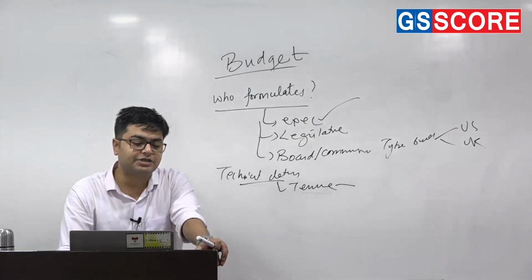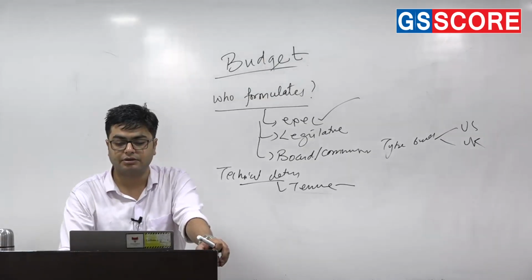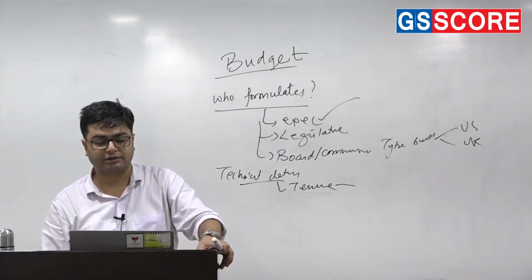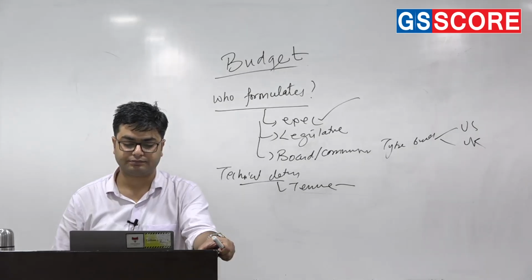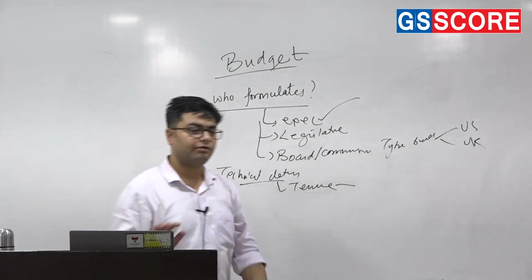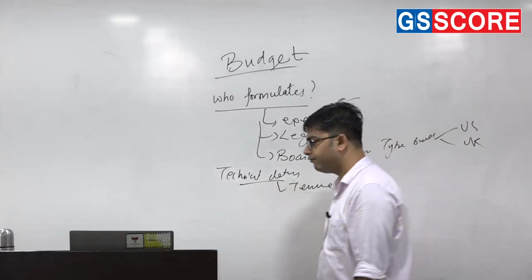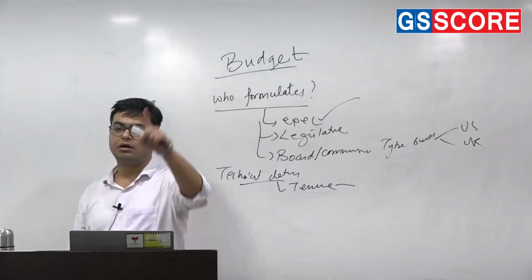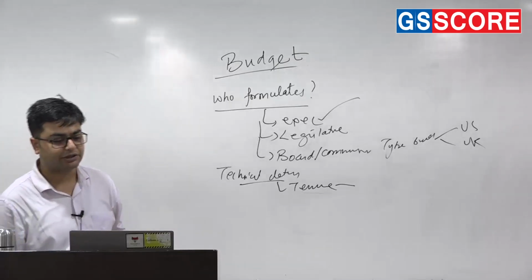Okay, cash-based budgeting, revenue-based budgeting, development budgeting, performance budgeting. Now, with respect to types of budgeting, primarily things like performance budgeting, zero-based budgeting, outcome budgeting.